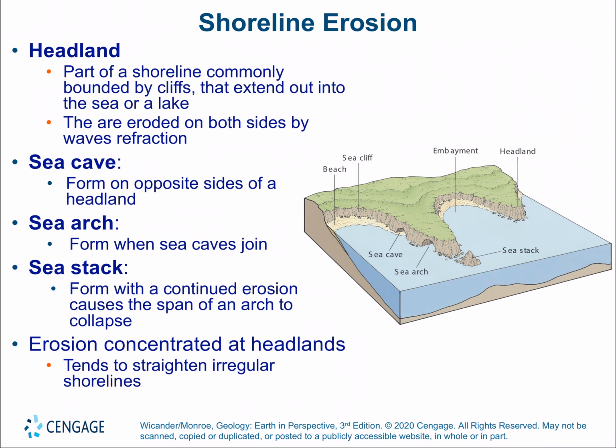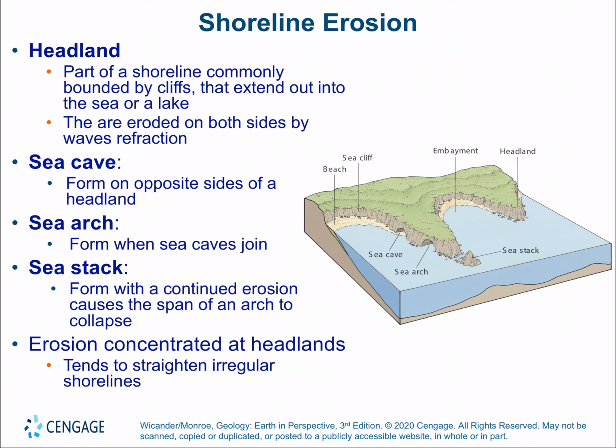Now, some other features of erosion, we have the headlands that you can see in the diagram. That is part of your shoreline that's commonly bounded by cliffs, and it extends out into the sea or the lake. They are going to be eroded on both sides by wave refraction.